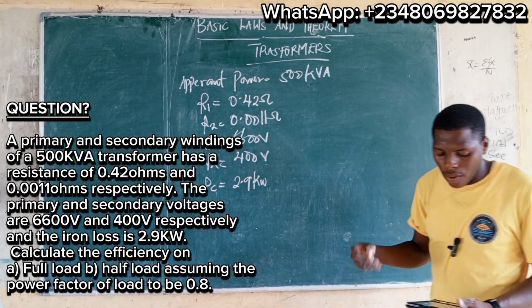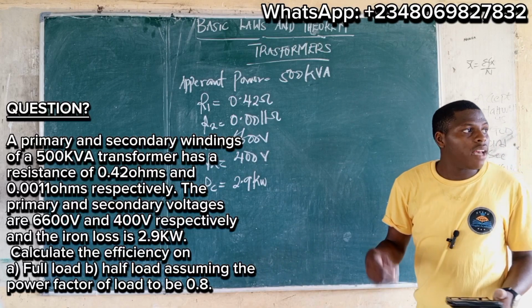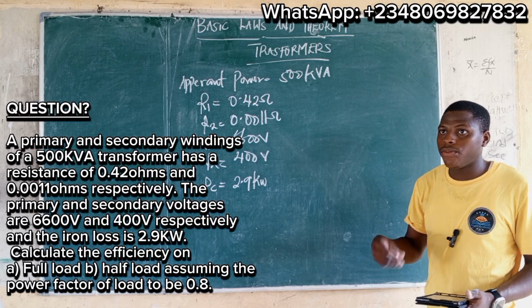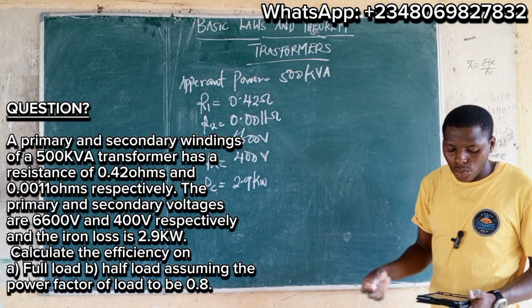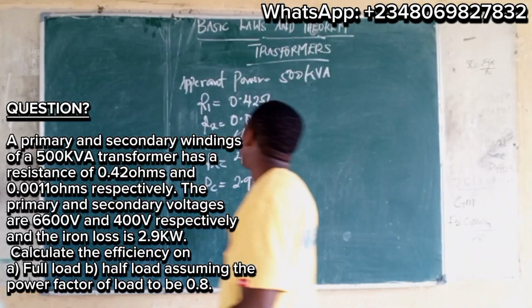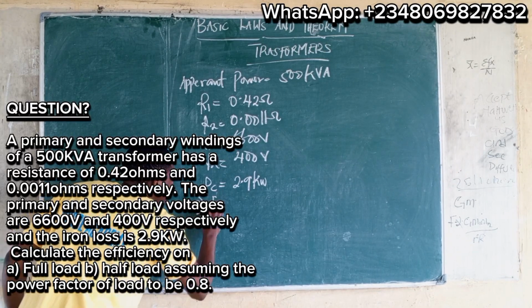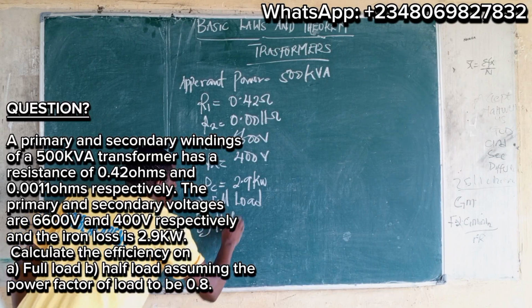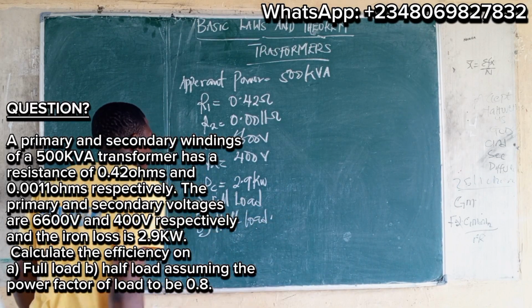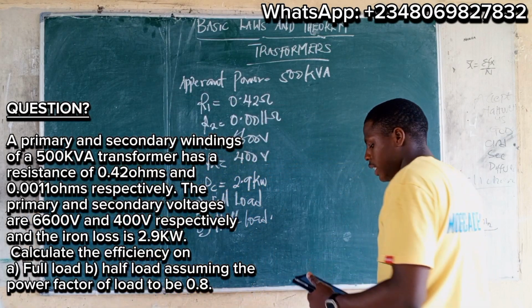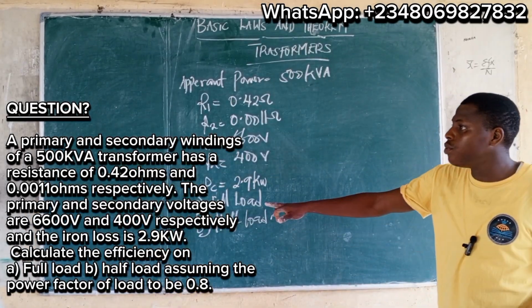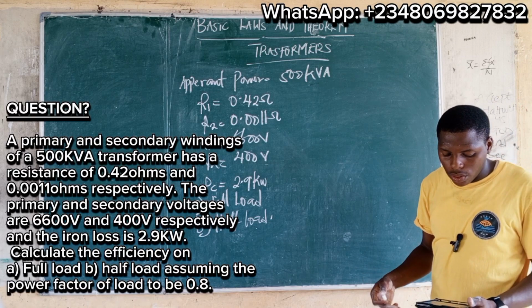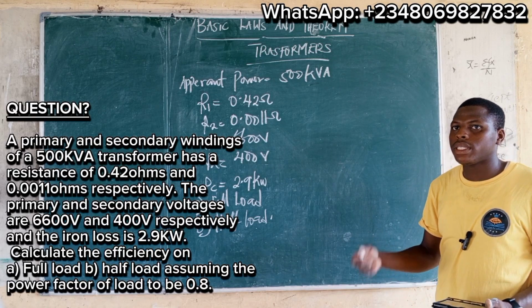Calculate the efficiency on A, full load, and B, half load, assuming the power factor of the load to be 0.8.